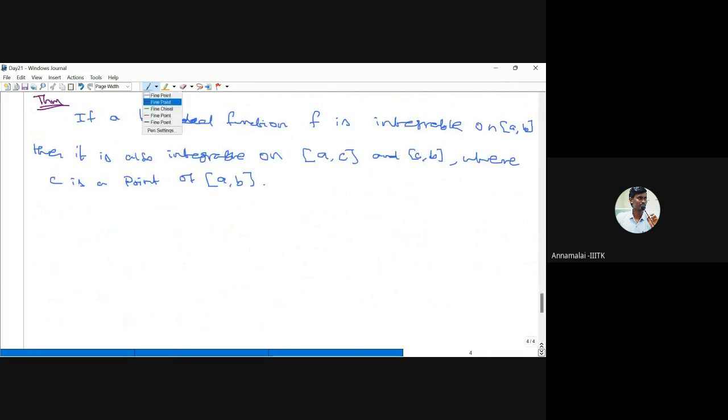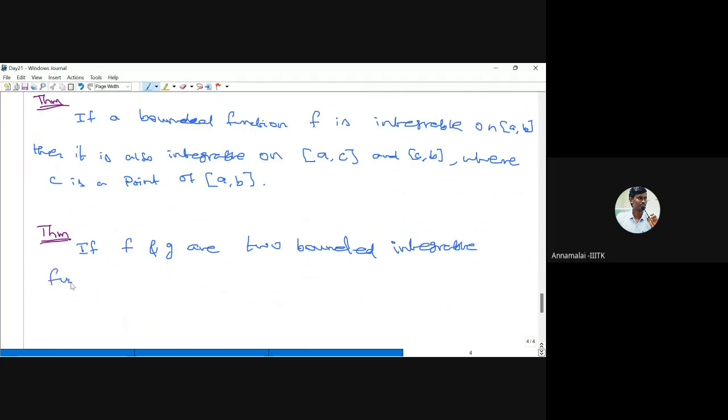Next theorem, the integrability of sum and difference: suppose f and g are two bounded integrable functions on the same closed interval a comma b.